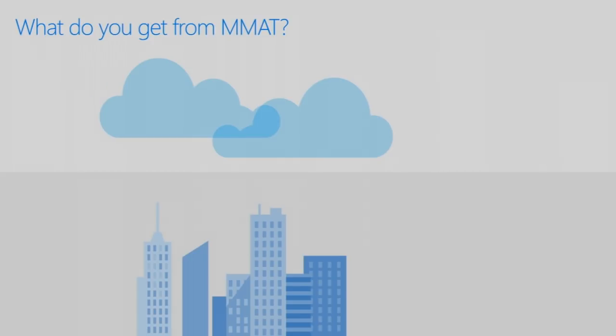So MMAT is a free download. You get it off of GitHub. That's pretty cool, which means it's open source-ish. PowerShell scripts you could read through, right? Yeah, it's available. So you can get it, check it out, and basically it has one job. You can fire it at one single GPO, a collection of GPOs, or all of your GPOs, and out will pop a report. So let's go ahead and get started here.